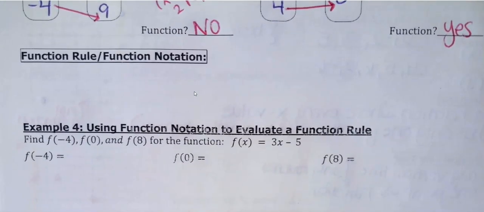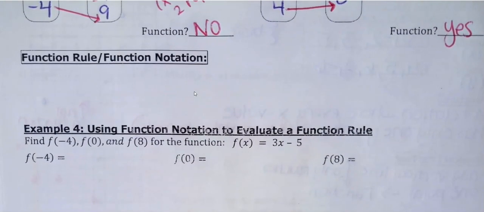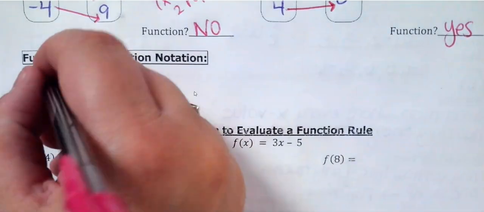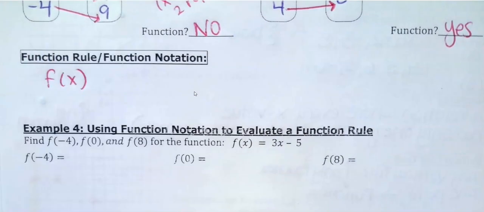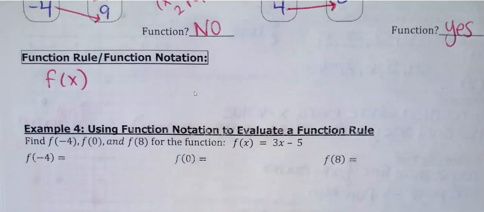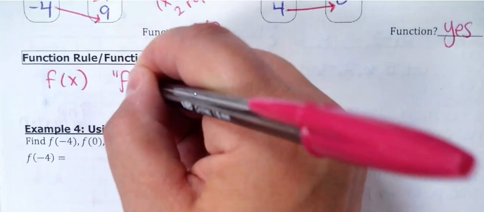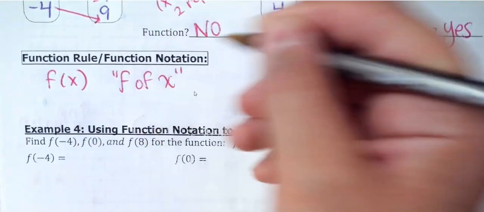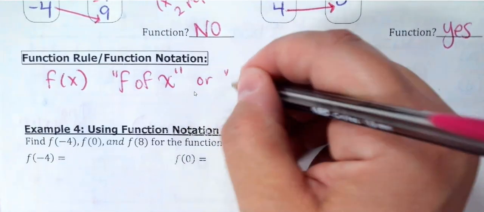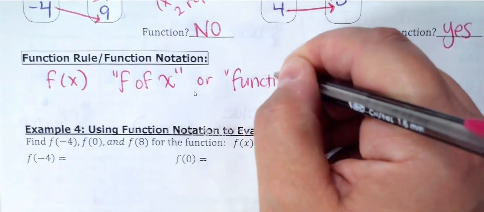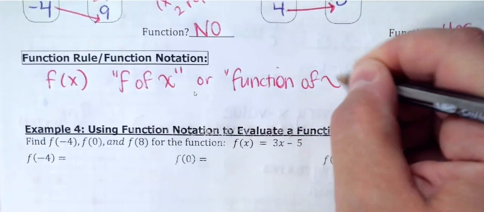Okay, so a function rule or function notation. I'm just going to write down something for you. If you've seen this, you'll see an f with a parentheses and an x around it. You would read this as f of x, or just a function of x.